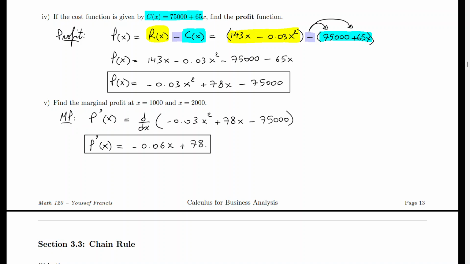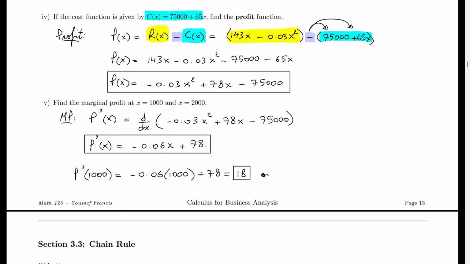But now they want me to find p prime of 1,000 and then 2,000. That's not too difficult. We'll just plug in 1,000 into the equation that we just created: negative 0.06 times 1,000 plus 78. And that will be approximately 18. And that's done.